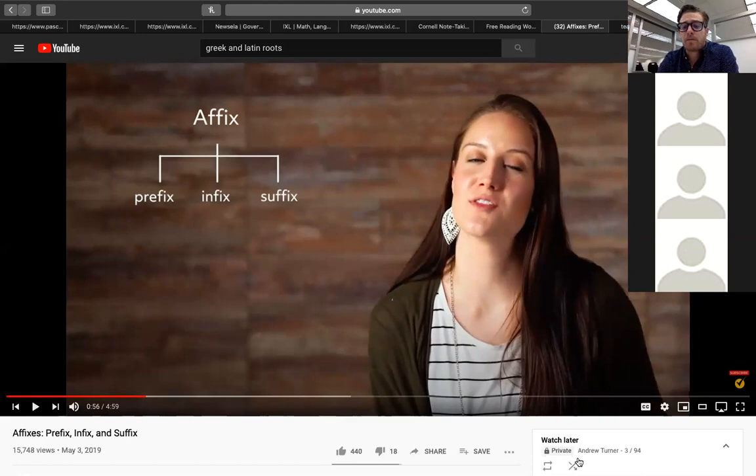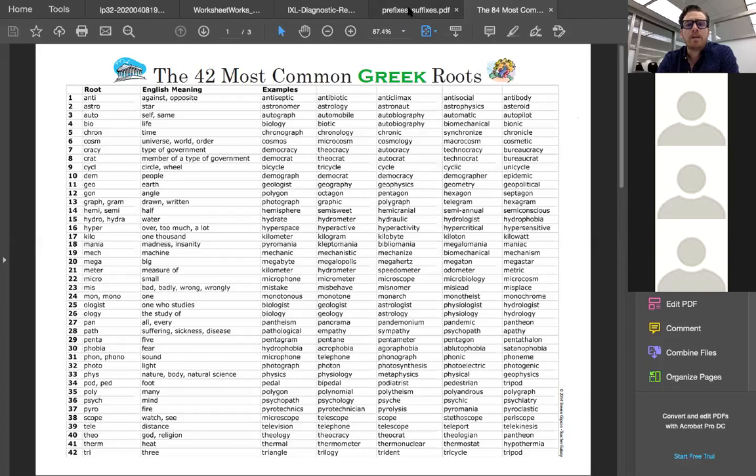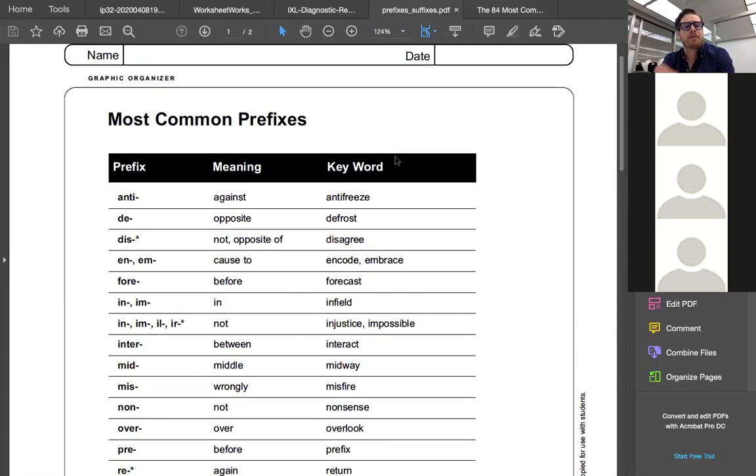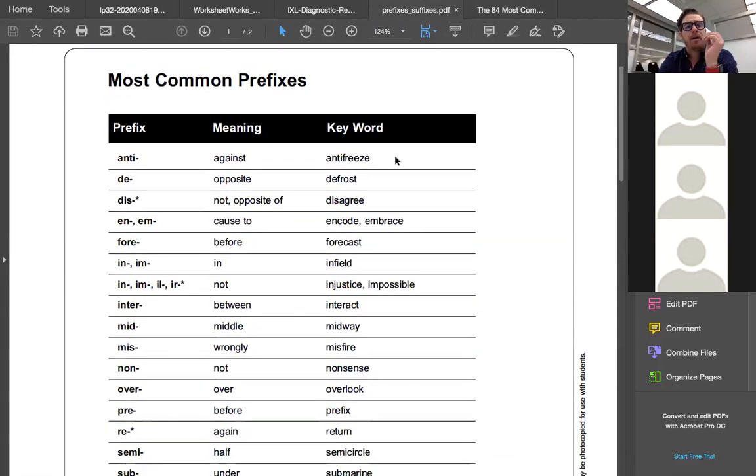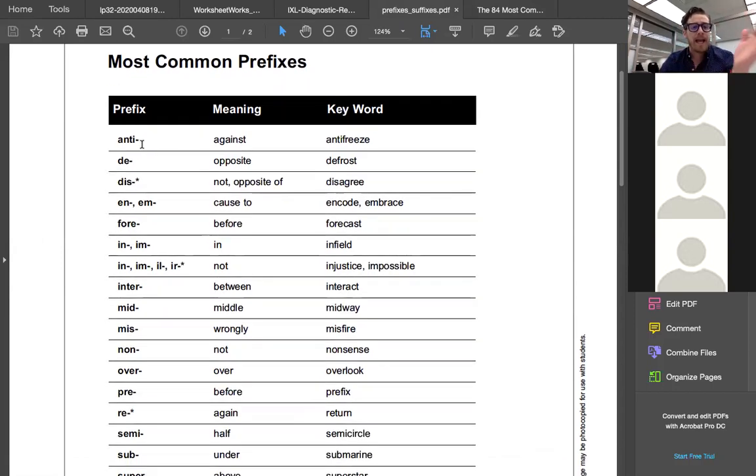I'm going to move real quick to show you this. With prefixes, we were talking about these word parts at the beginning that change the meaning of the English word. I want to give you some examples, like anti.